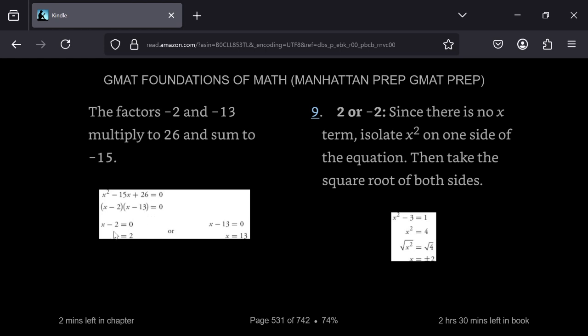Once we've done this, we get the factors x minus 2 in parentheses multiplied by parentheses x minus 13 equals 0. We equate them to 0. X minus 2 is equal to 0, or x is equal to 2, and the other possible answer, x minus 13 equals 0, gives us x is equal to 13. Okay?